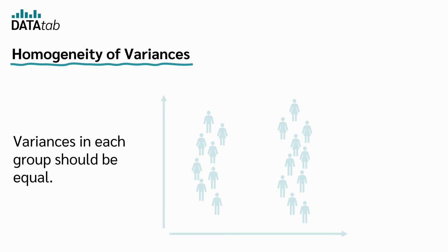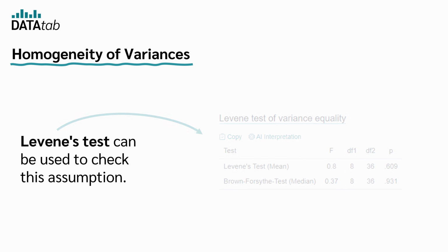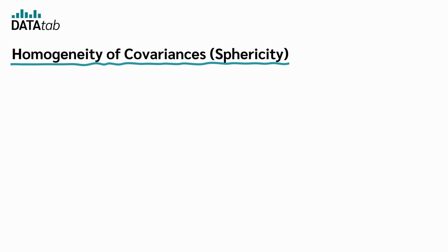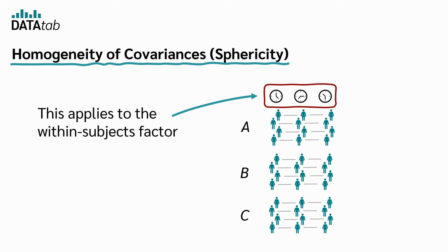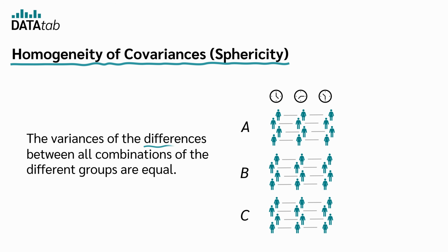The variances in each group should be equal. In mixed model ANOVA, this needs to be true for both the within subjects and between subjects factors. The Levene's test can be used to check this assumption. Homogeneity of covariances, sphericity. This applies to the within subjects factors and assumes that the variance of the differences between all combinations of the different groups are equal.